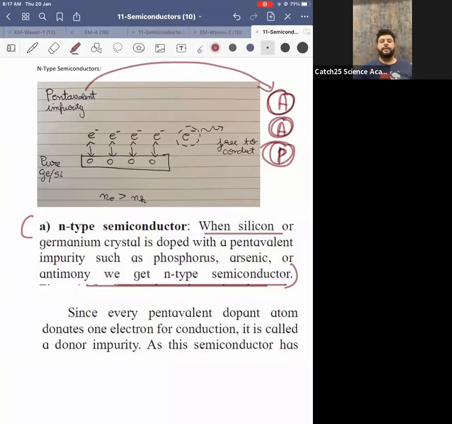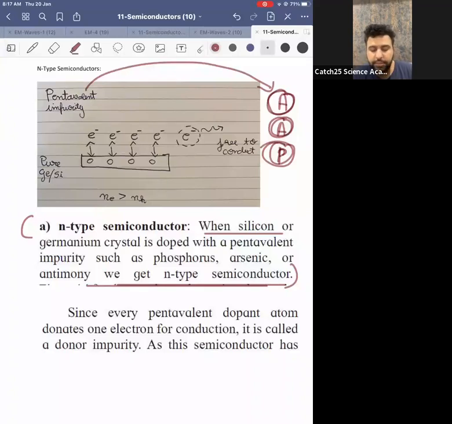Now, below that, write down the side heading, working. Now, I'll dictate the working.